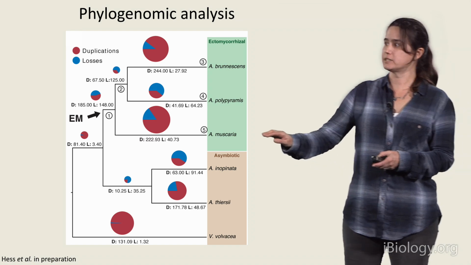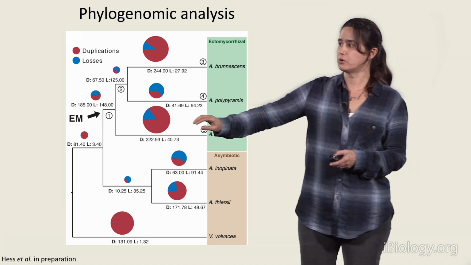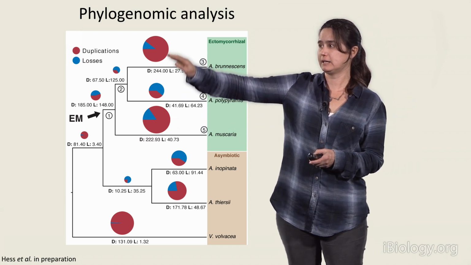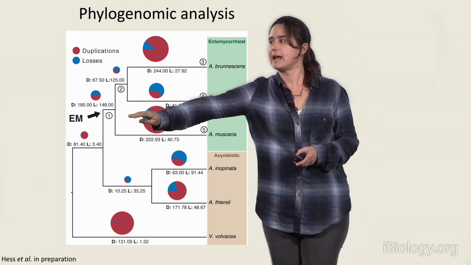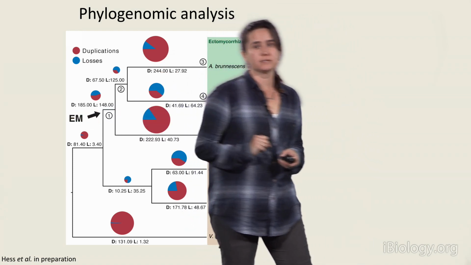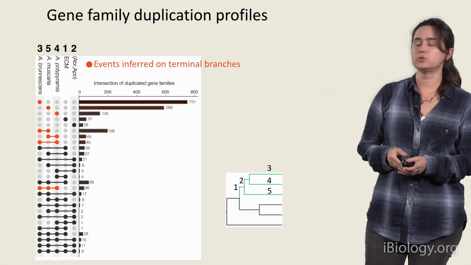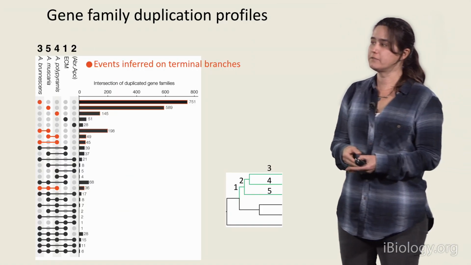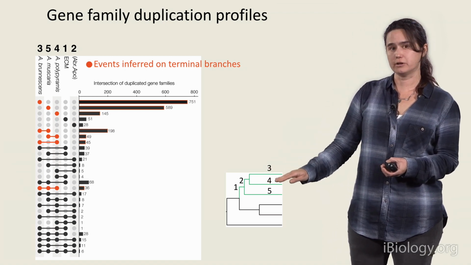If you do an analysis of where genes first appear, it seems that there is a lot more duplication independently in these species versus at the origin of the ectomycorrhizal symbiosis. And in fact, if you do a profile of the duplication of the gene families, here we've numbered the different nodes.